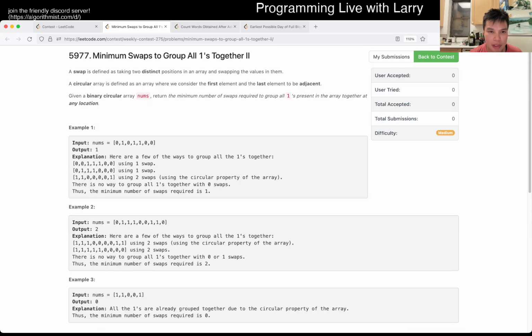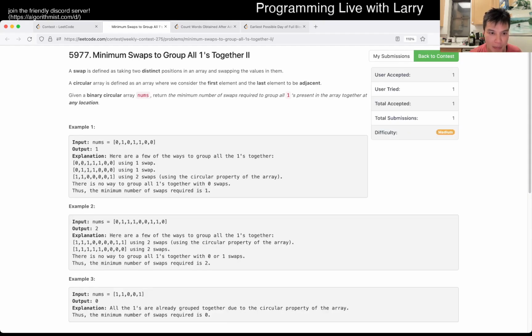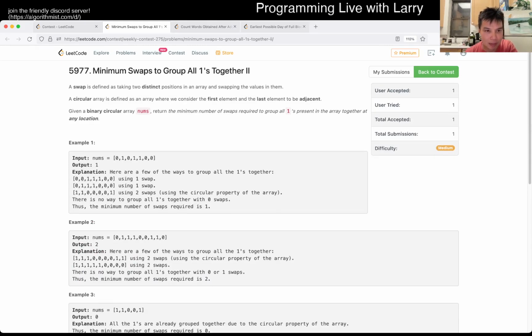Wait, am I confusing the swaps? Oh, wow, I thought it was just adjacent swaps. That's where I messed up on this one. Okay, so it's any swaps.